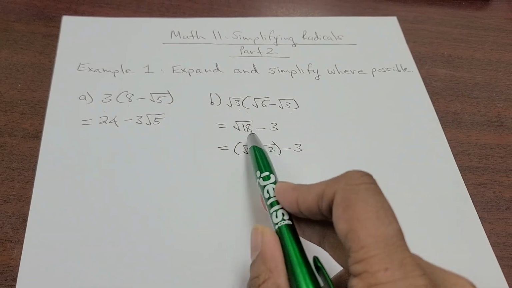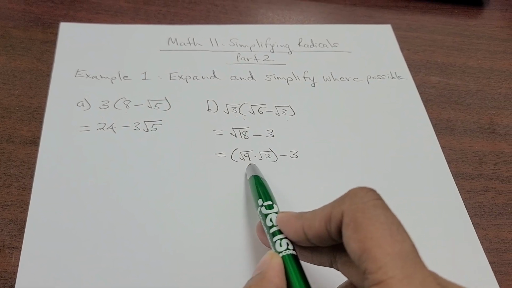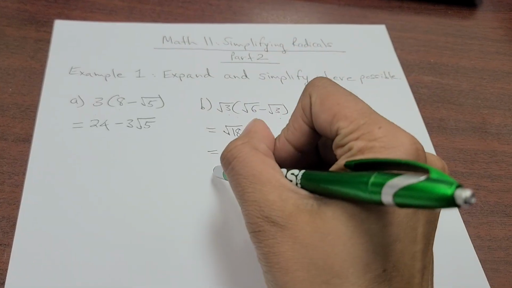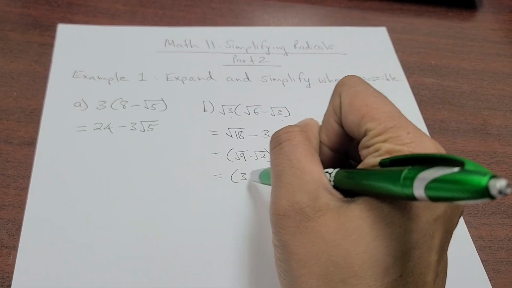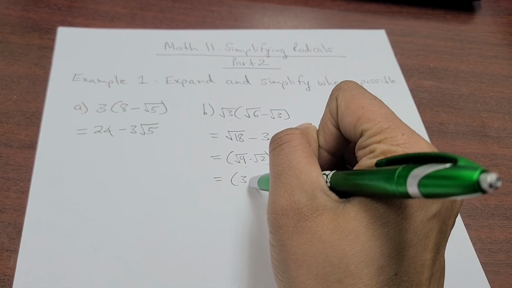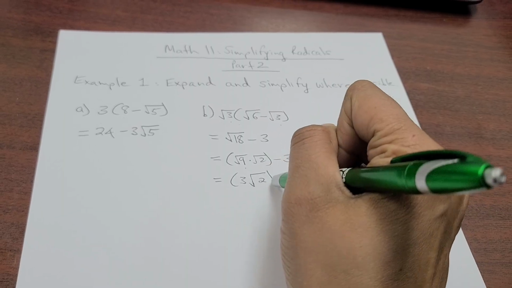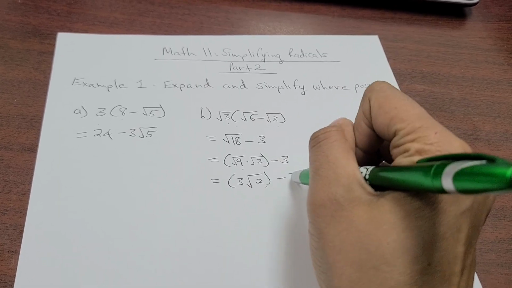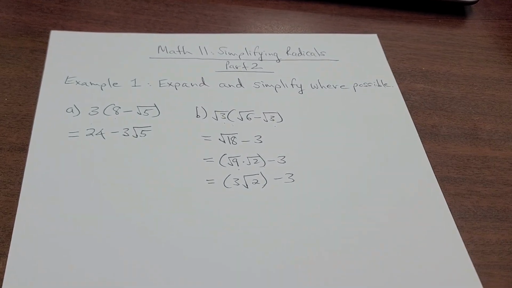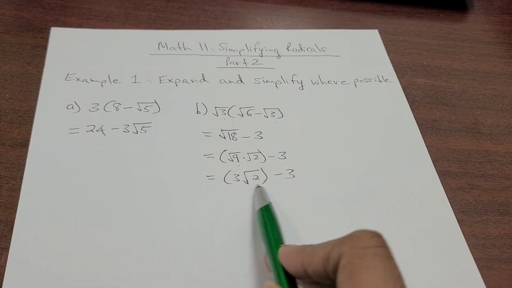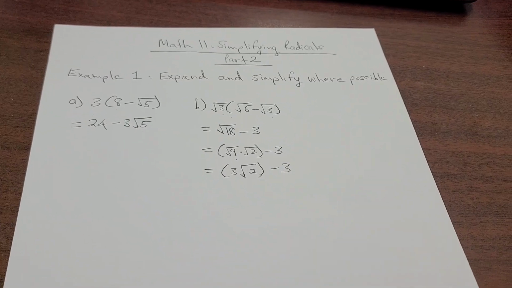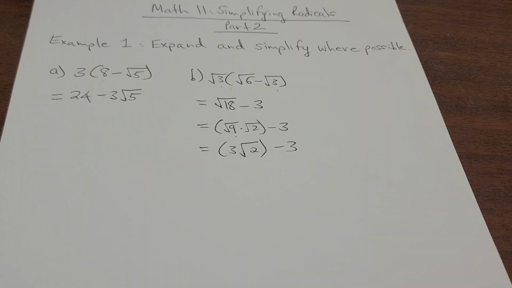Because I know 6 times 3 is 18, but I want to use the complete square factors. So square root 9 is 3. So it's like 3 root 2 minus 3. Okay, so of course you can just take the brackets out now. Okay, and the final answer is 3 root 2 minus 3.